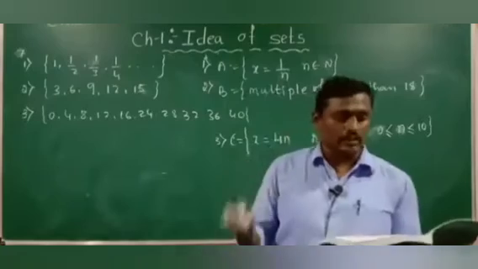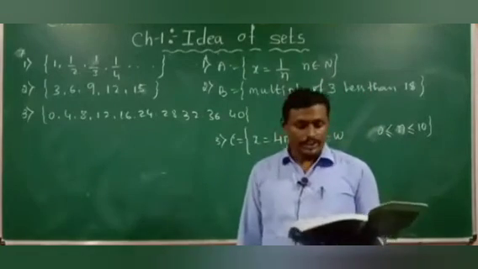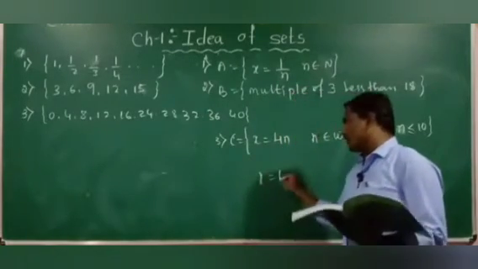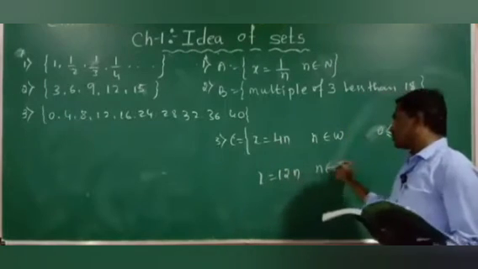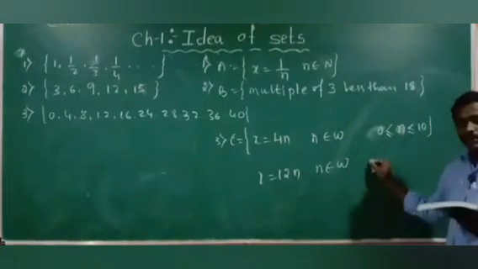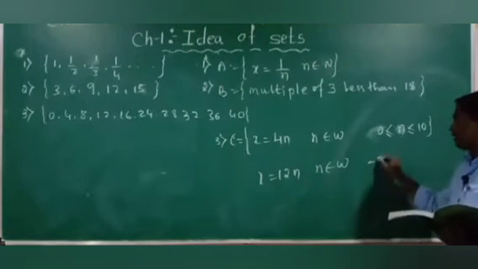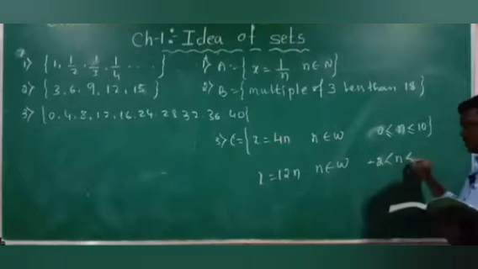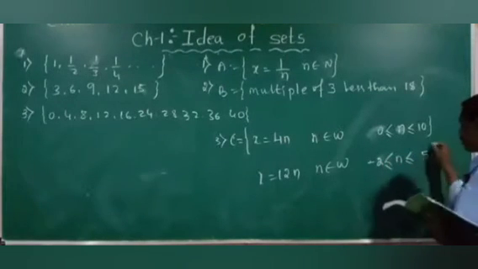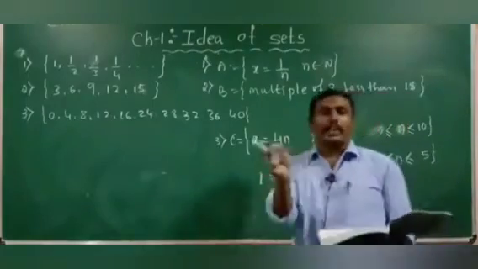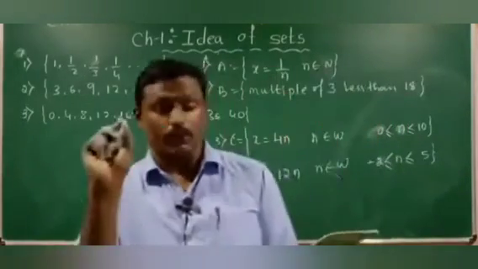So the condition requires x is equal to 12 times n, where n belongs to whole numbers, n is greater than minus 2 and less than or equal to 5. So this is the required condition. Just practice the 2 remaining questions, the fourth one and the fifth one.